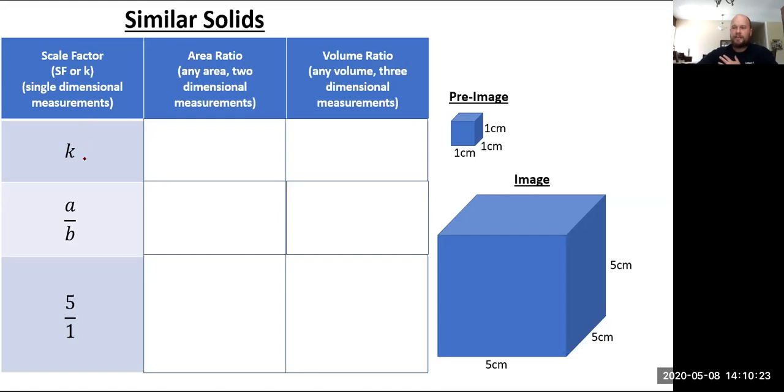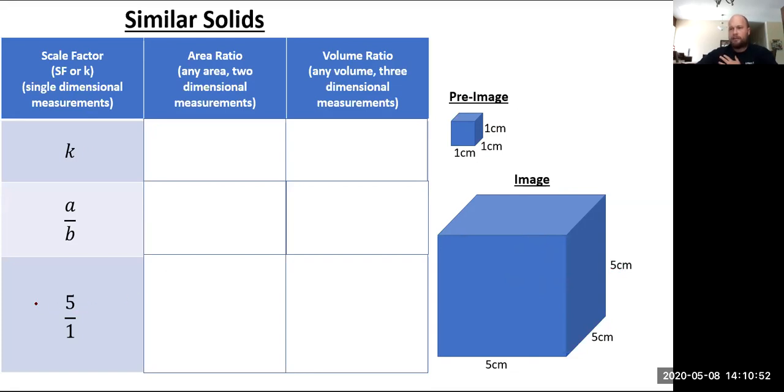And when we talked about scale factor before, scale factor applies to any single dimensional measurement. So if we're looking at the two cubes here, the first one up top is the pre-image. The second one is the image. So this has been enlarged, it's getting bigger. So if I take the sides, I have 1 centimeter for the original image and 5 centimeters for the image, and place them over top of each other.